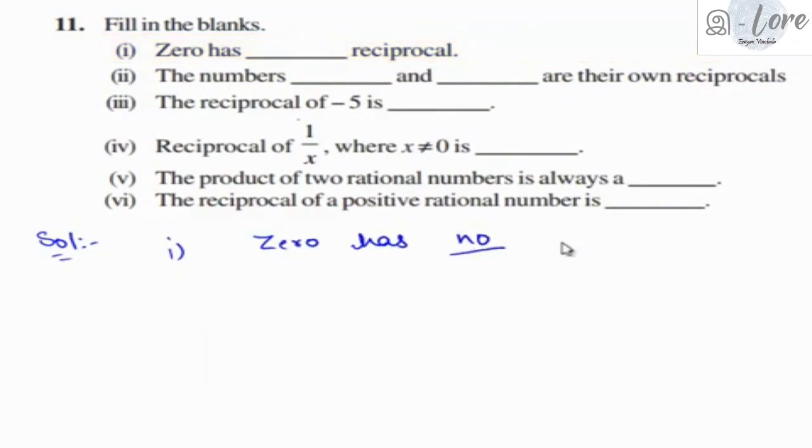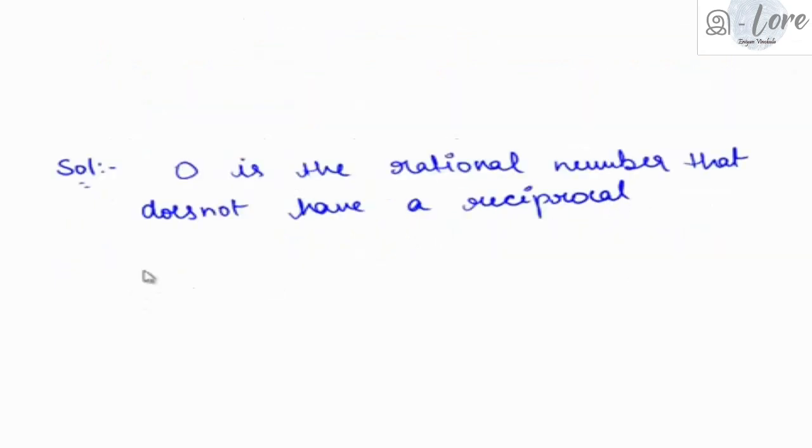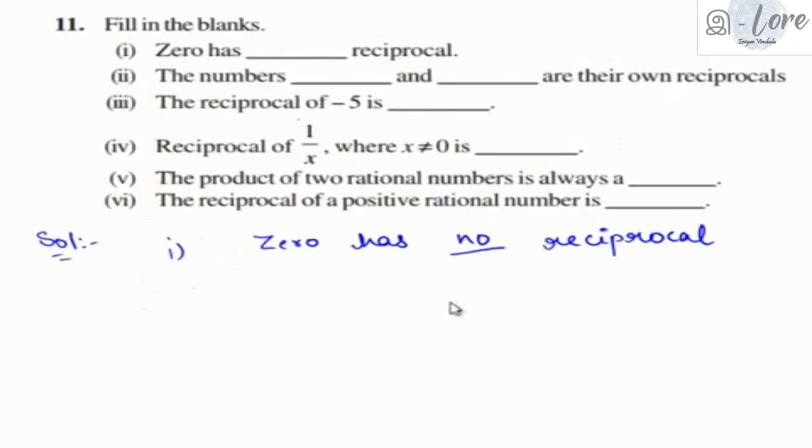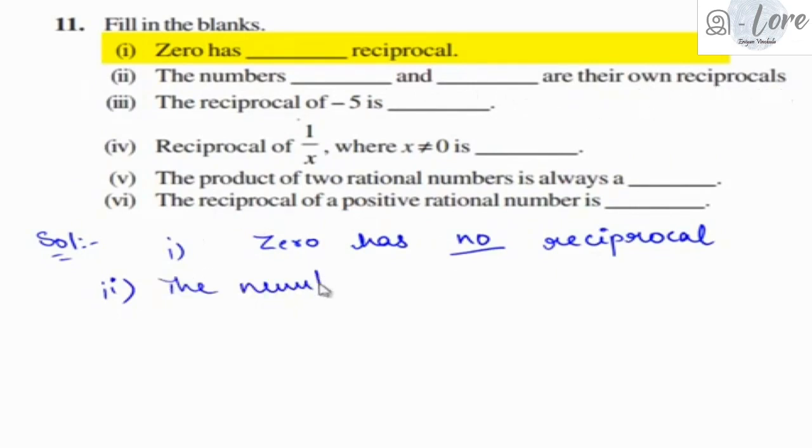We know very well 0 has no reciprocal, because there is no rational number which multiplied with 0 gets the answer 1. So the second question is, the numbers dash and dash are their own reciprocals. Just before, we discussed the numbers 1 and minus 1 are their own reciprocals.